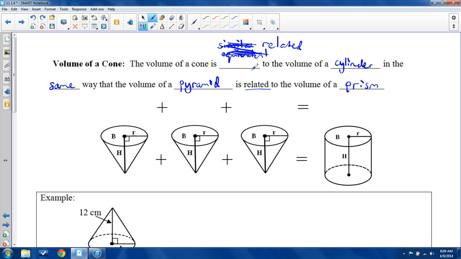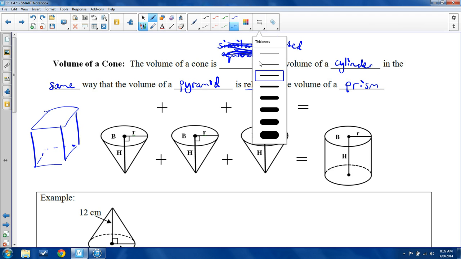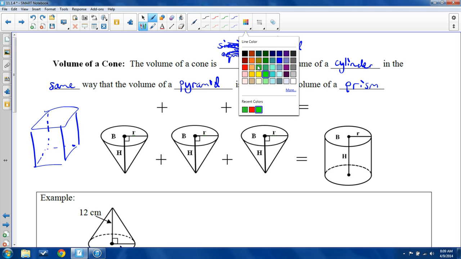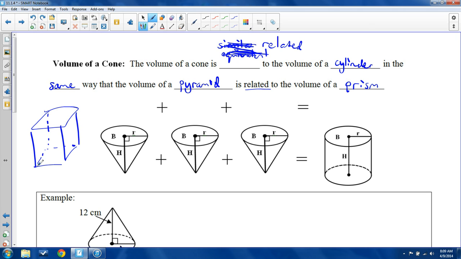So we talked about this. I did notes before where we looked at a prism right here, and it has some base, and let's say it's a square base like this. Now if you draw a pyramid inside of it, and it goes up like that and down like that, and it has the same height and base and everything else, the volume of this prism would be base times height.